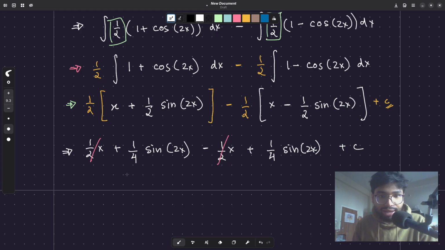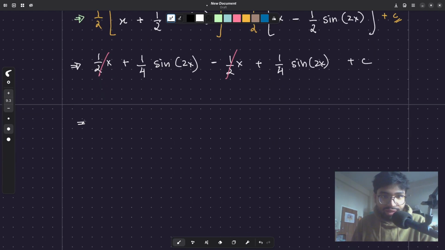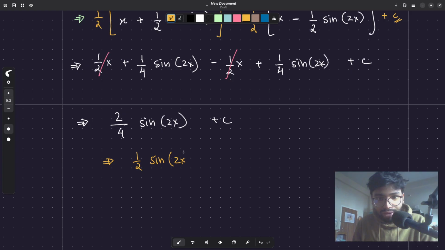So in the end, we'll be left with, let me take the other page, next page, 2 times 1/4 sine of 2x plus c. That is simply saying half sine of 2x plus c.